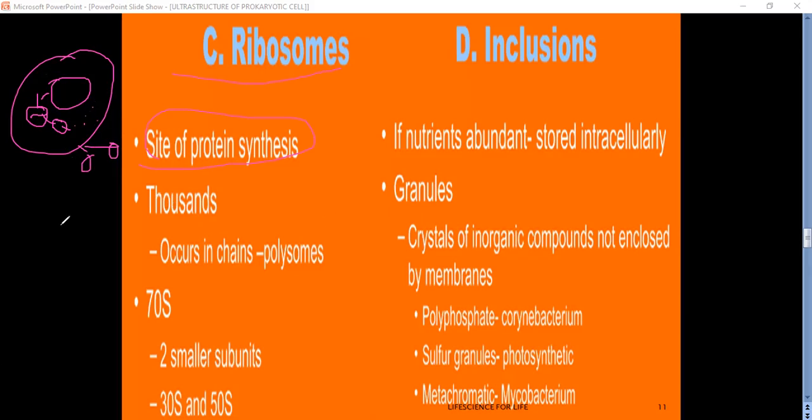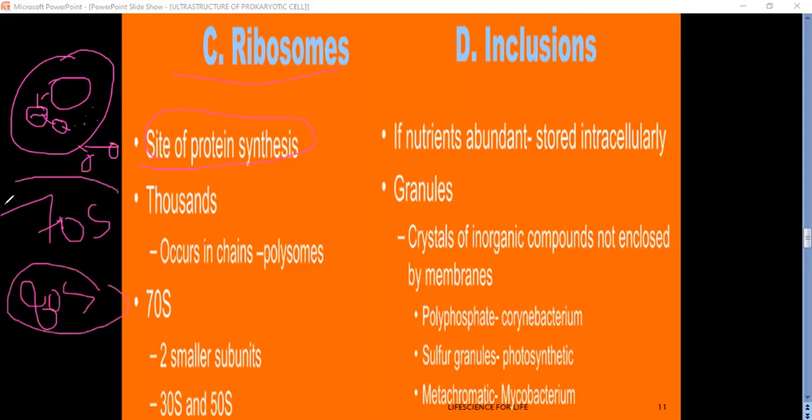And there are two types of ribosomes, that is 70S and 80S. 80S ribosomes are present in eukaryotes, but bacteria have 70S ribosomes.